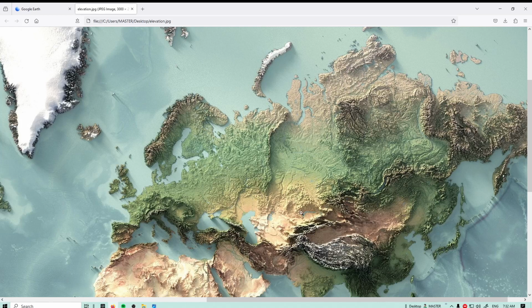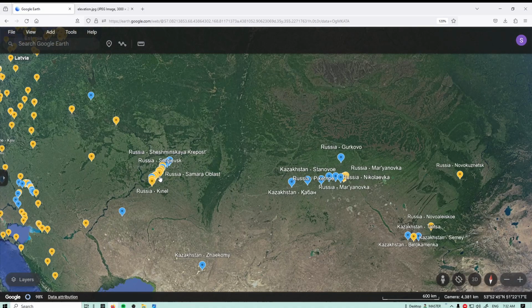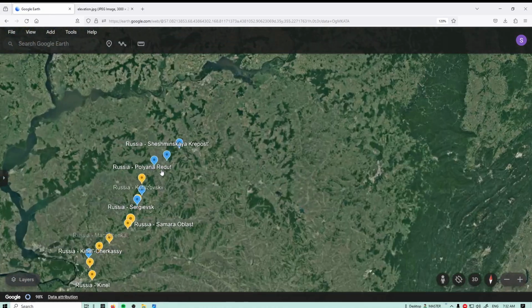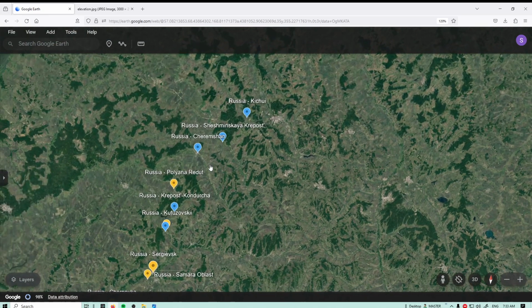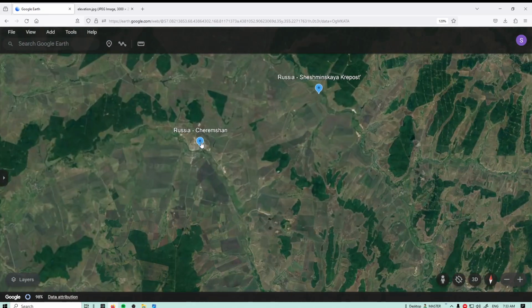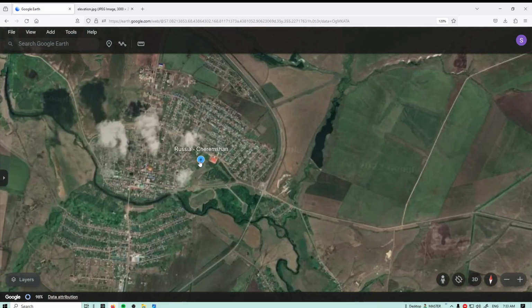Okay, so now we saw fortifications here and in this region here. So now we're gonna go explore this region. What do we have here?